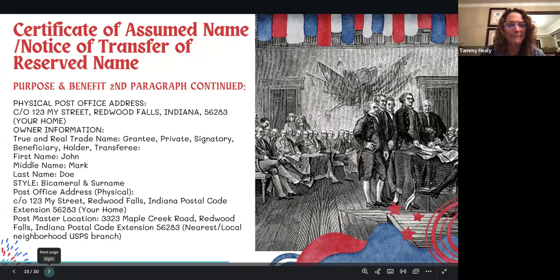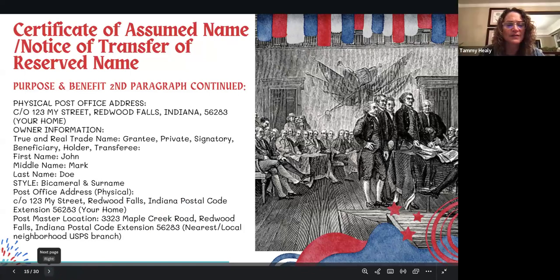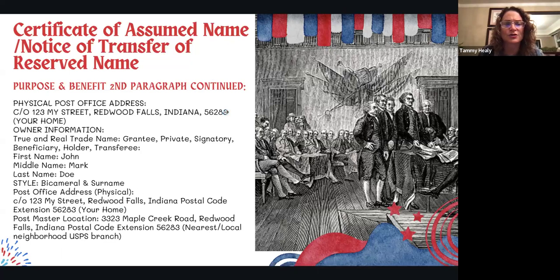Go ahead, Nelson. Just a quick question. Do you have to write that owner information on the envelope? No, this is going over the second paragraph in the certificate of assumed names.